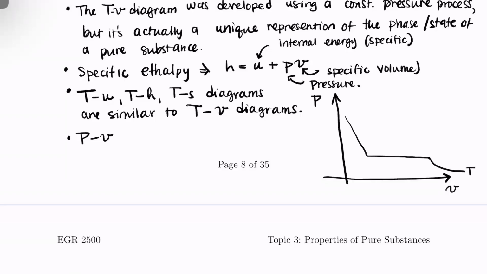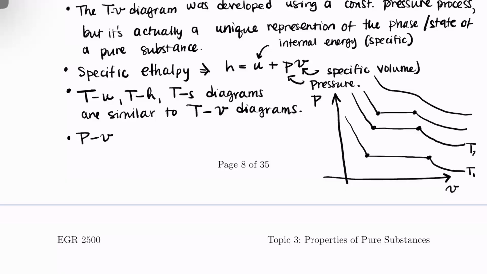So this is T1, where we have our critical point or our saturation points here. And then eventually we'll also reach a high enough temperature that we reach this critical point where there's no vapor liquid mixture region happening anymore.